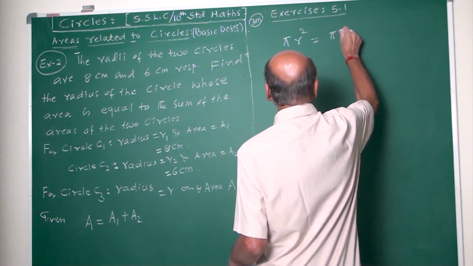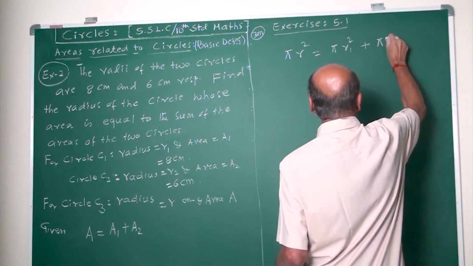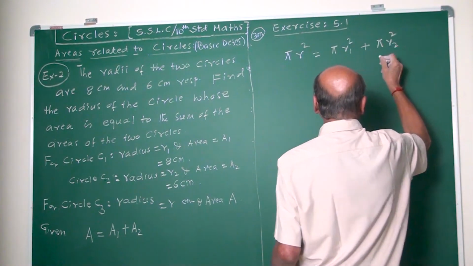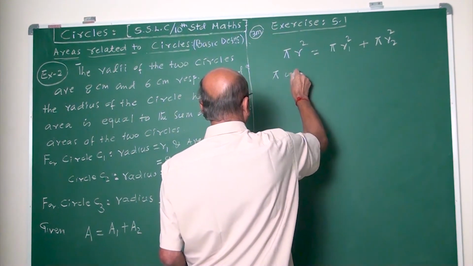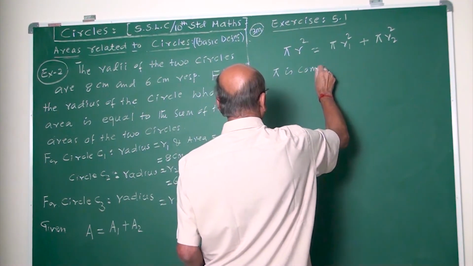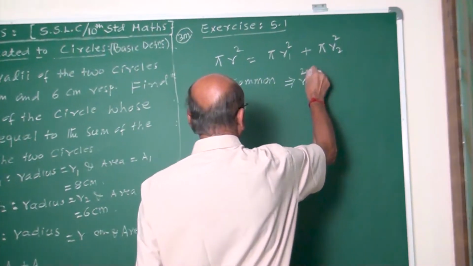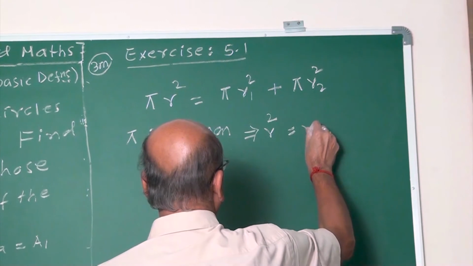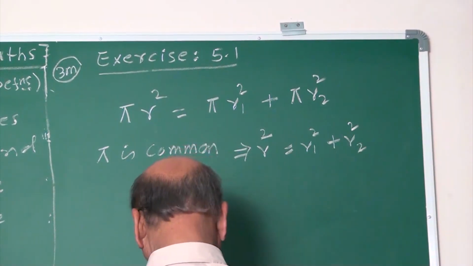This is pi R1 square plus pi R2 square. Pi is common, cancellation of pi. Cancellation gives R square equal to R1 square plus R2 square.